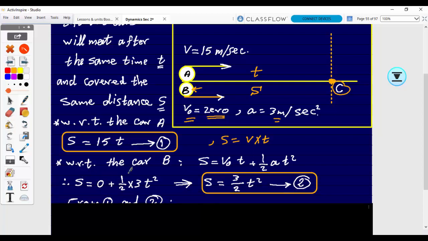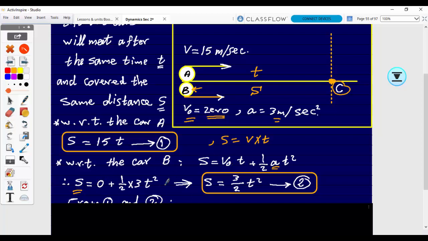With respect to the car B, it moves with uniform acceleration. So we cannot use this rule. We'll use the other rule: s equals v naught t plus half a t squared. Here s is unknown, and v naught equals 0.